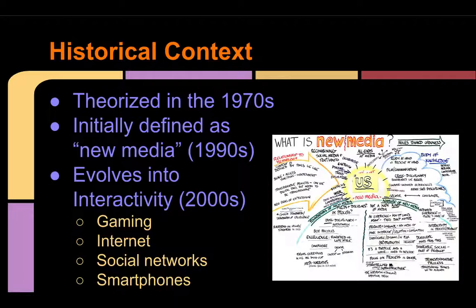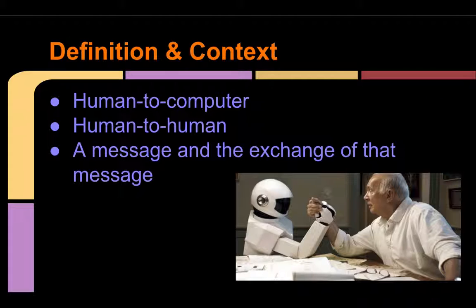Social networks, as we've seen in the last decade, have taken that level of interactivity among our interactions with computers and humans to a whole new level, and now the always on, always able to interact through portable devices such as smartphones and tablets.